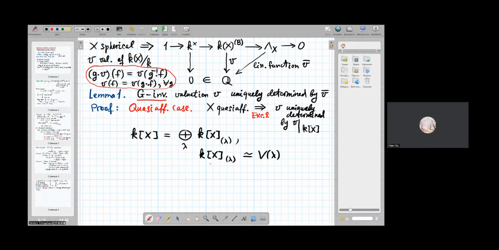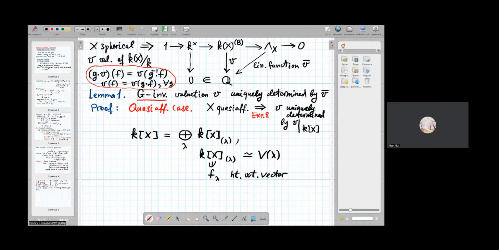F sub lambda is a B semi-invariant function in this space of weight lambda. This is just the highest weight vector in this G-submodule. This is a canonical decomposition of the coordinate algebra of a spherical variety.